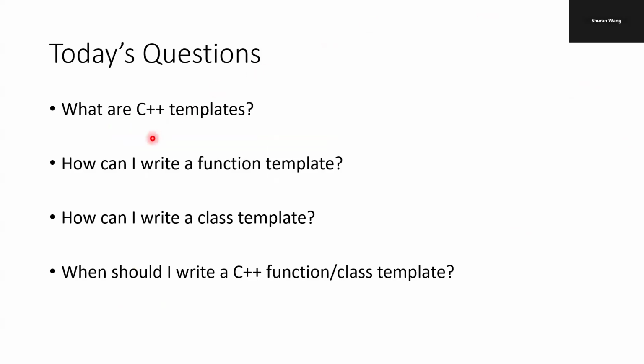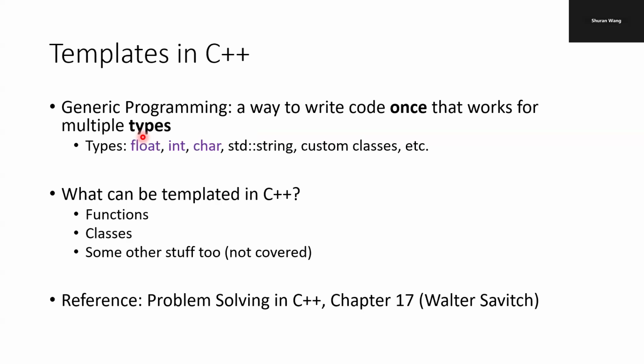So today we're going to answer what are C++ templates, how can I write a function and a class template, and when should I write templates. The idea of generic programming is a way to write code once that will work for multiple types, or for different circumstances.